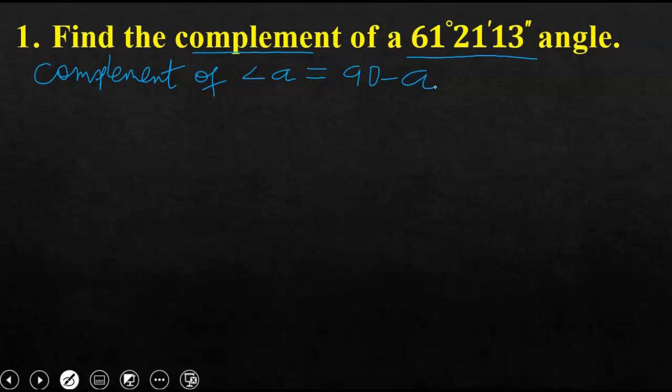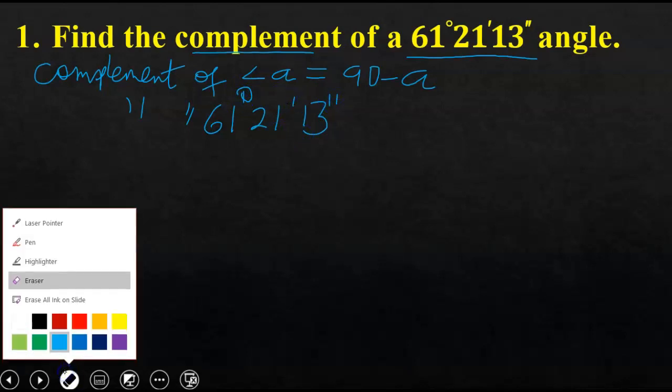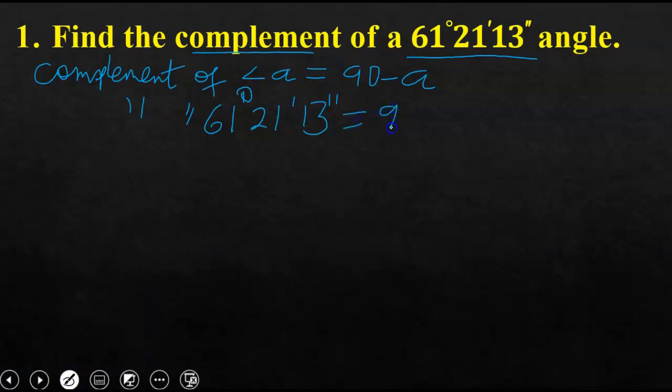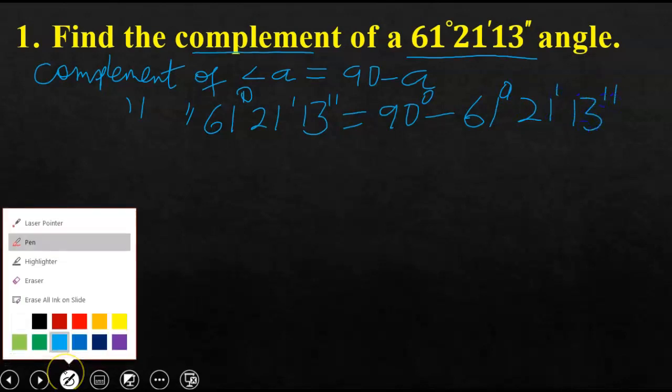Therefore, the complement of this angle, 61 degrees 21 minutes and 13 seconds, is going to be 90 degrees minus 61 degrees, 21 minutes and 13 seconds. So then we set it up and solve.